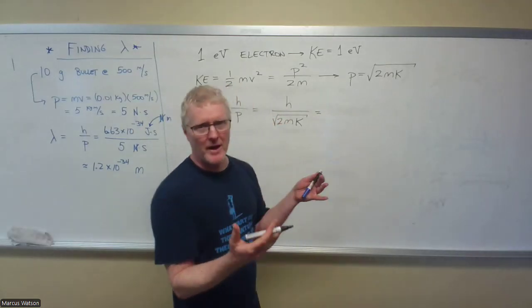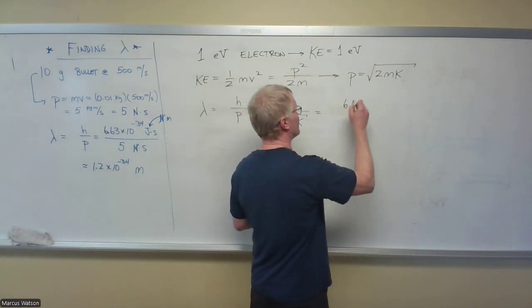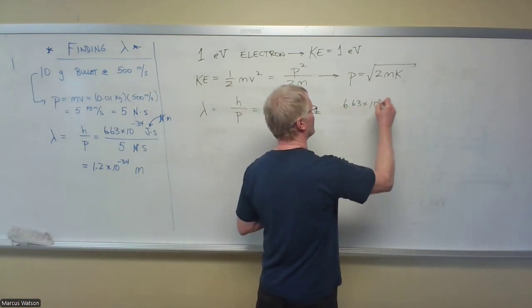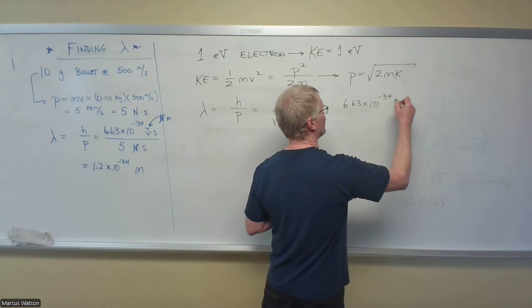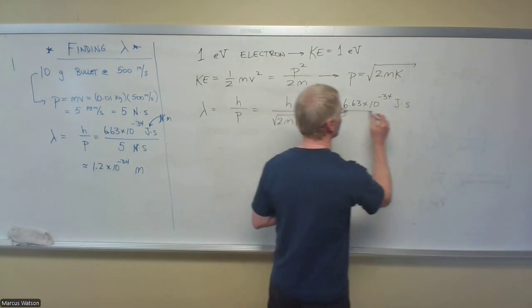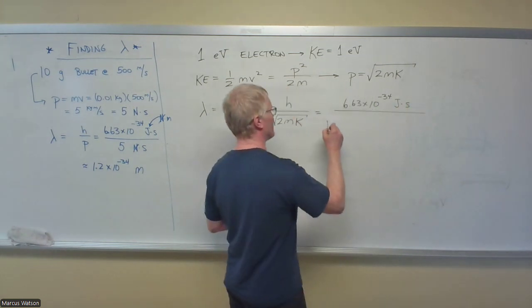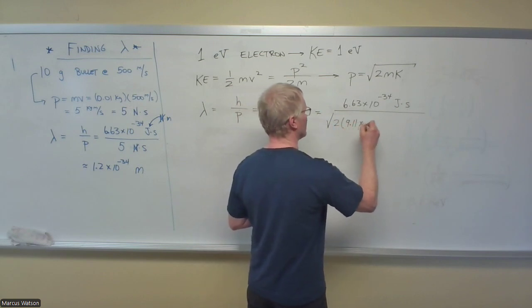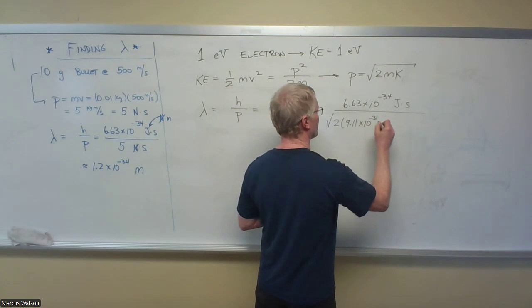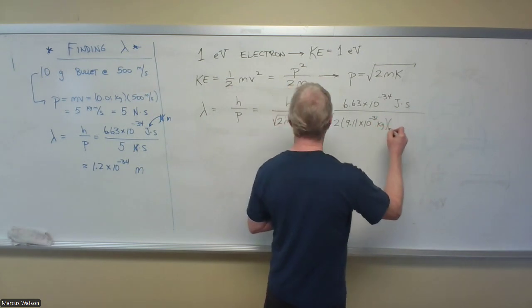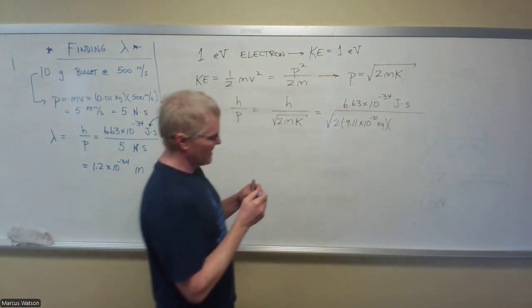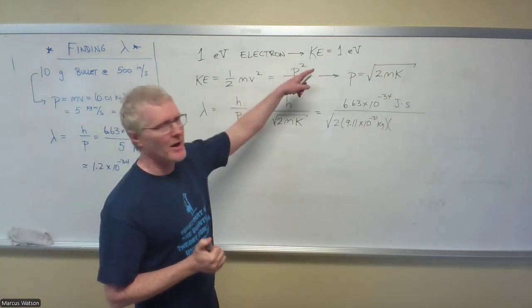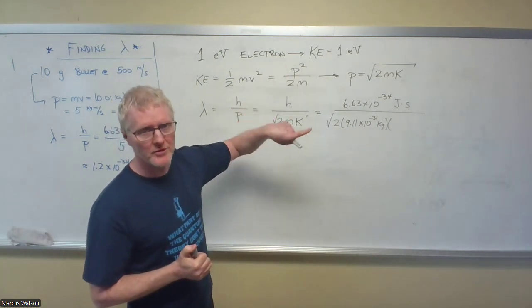So this is why we don't do this. 6.63 times 10 to the minus 34, again for the Planck constant, that's in joule seconds. And I'm going to divide this by the square root of 2 times the mass of the electron, which is 10 to the minus 31 kilograms. And the kinetic energy, but I need to convert the kinetic energy out of electron volts and into joules.